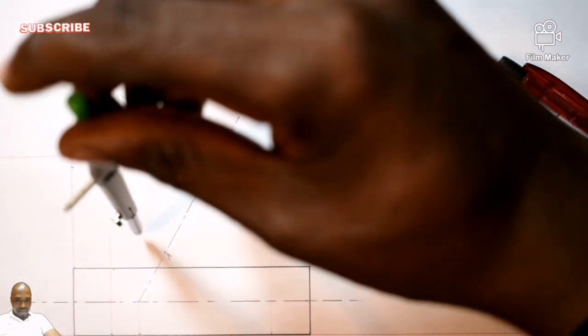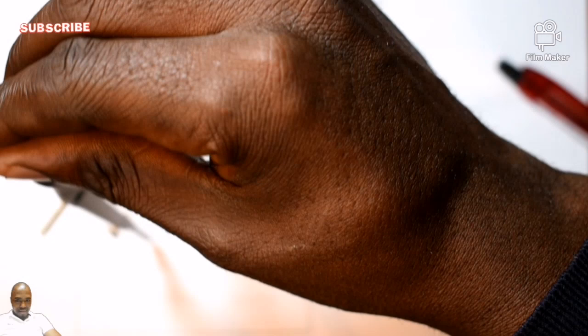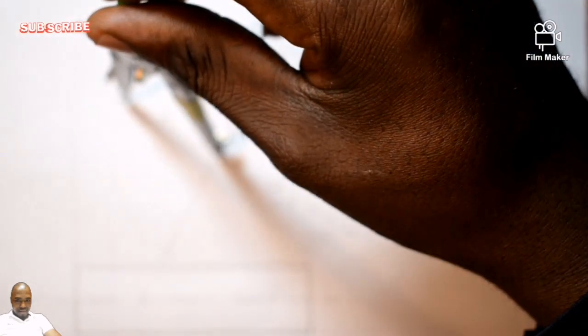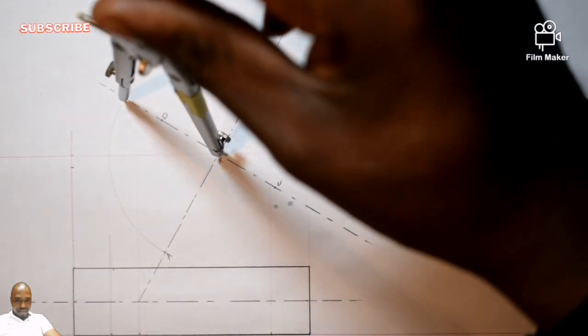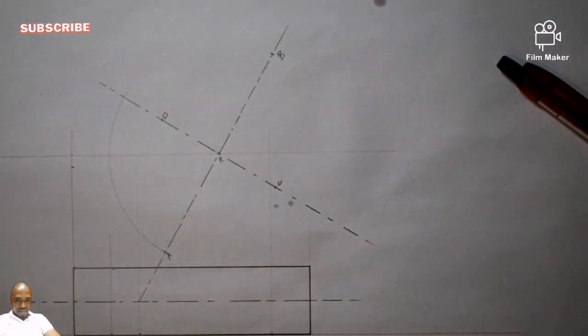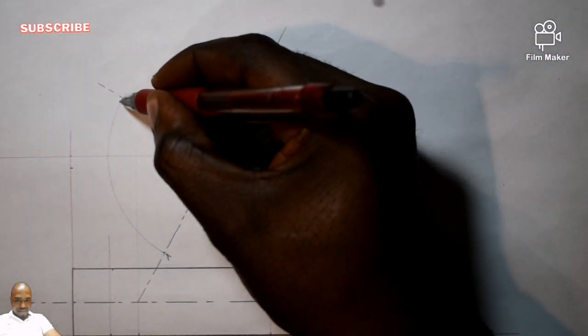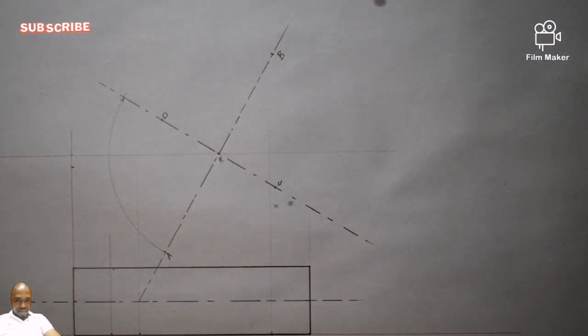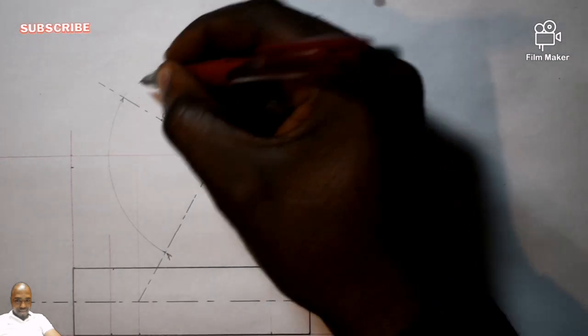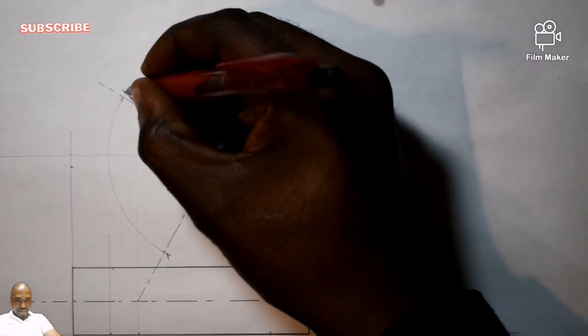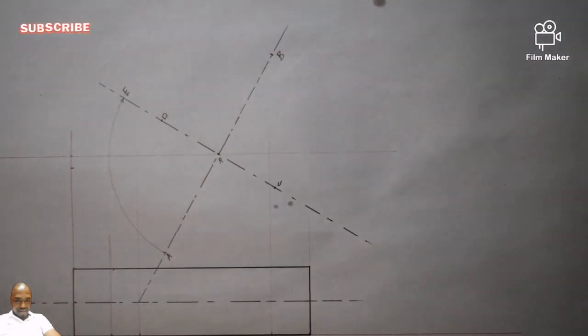So faintly, I'm going to strike an arc going in this direction. Once it crosses this center line, I will stop. I can indicate by an arrow that this arc was going this direction. Then that's going to be my point E.